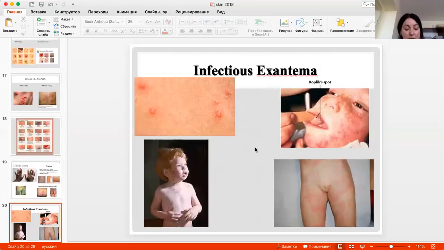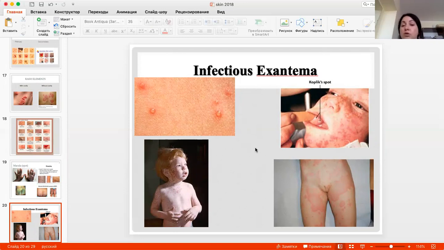Infectious exanthema. Some child infectious diseases are associated with exanthema, with skin rash. For example, a very known infectious disease of childhood is chickenpox.